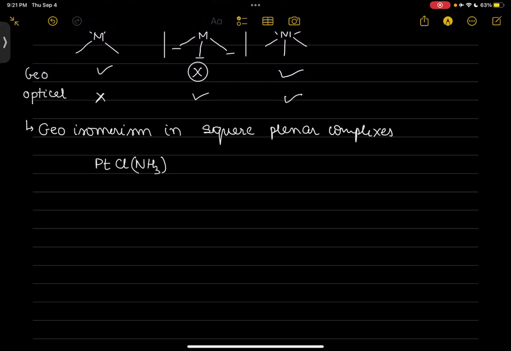All of these are square planar. Platinum is +2, Cl is -1, so +1 charge.